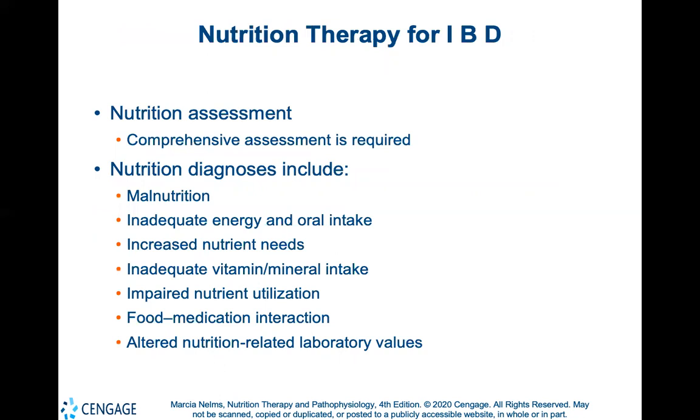nutrition therapy for IBD. The nutrition assessment will be a comprehensive assessment is required. So the nutrition diagnosis could include malnutrition, inadequate energy and oral intake, increased nutrient needs, inadequate vitamin mineral intake, impaired nutrient utilization, food medication interaction, and altered nutrition related laboratory values.